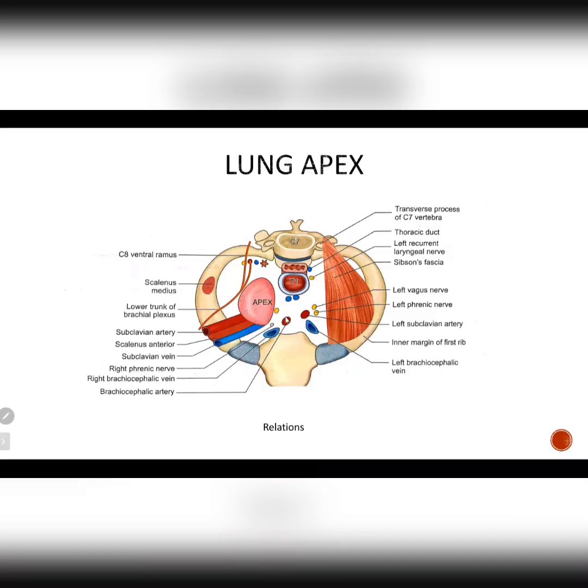For the left lung, there is the left brachiocephalic vein, the left subclavian artery, and the left phrenic nerve. For the left lung, you have to mention two more structures present in the posterior mediastinum: the left recurrent laryngeal nerve and the thoracic duct.